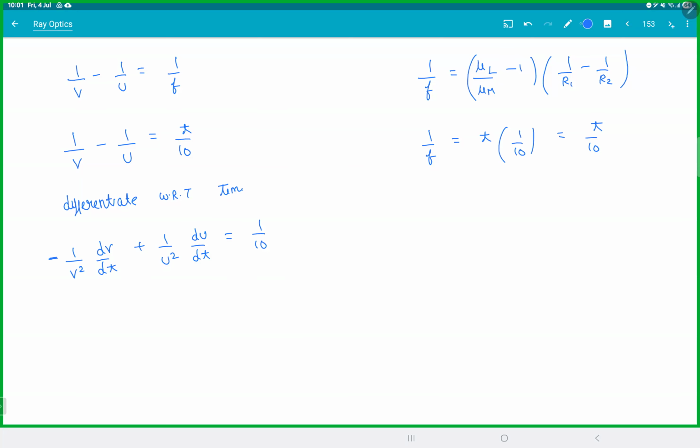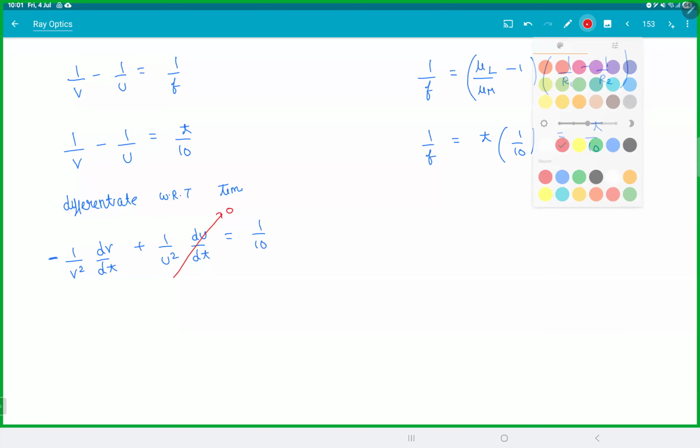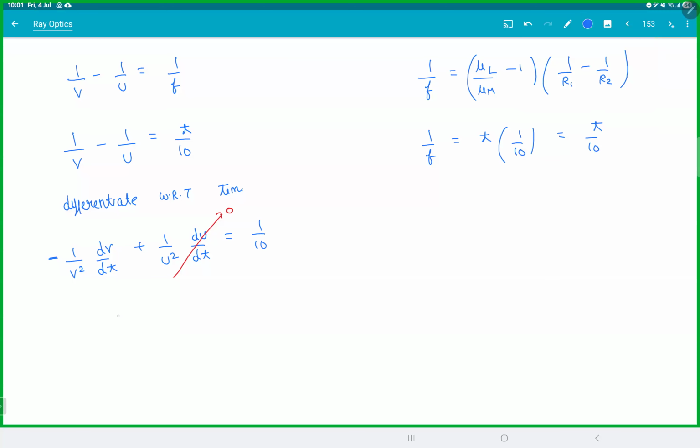Here the focal length is changing, so du by dt will be 0 now. You're getting it? So that formula is not valid anymore. That formula you derived when the focal length was constant. And at t equal to 1 second, your focal length f is 10.